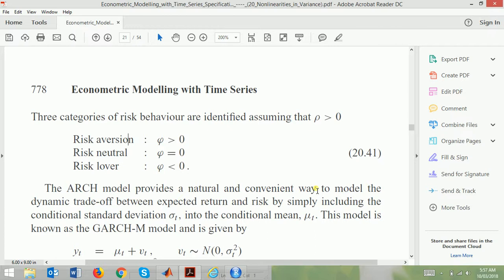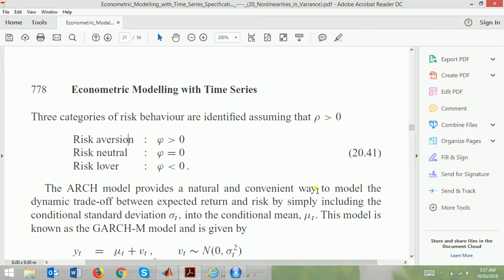Some people are risk neutral, who don't care about risk; for them epsilon equals 0, and then there is no effect of risk on your mean or return. Then people who take risks get a negative value for sigma, because their epsilon is less than 0. That means mu gets a negative estimate.